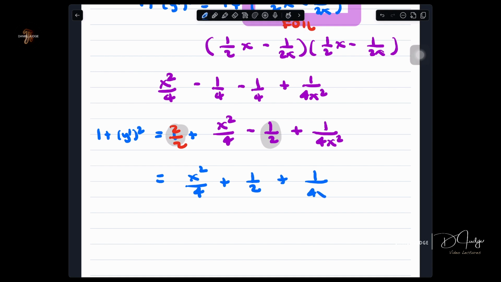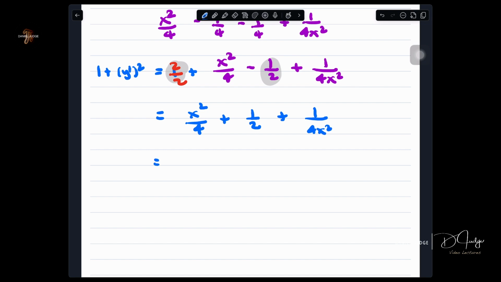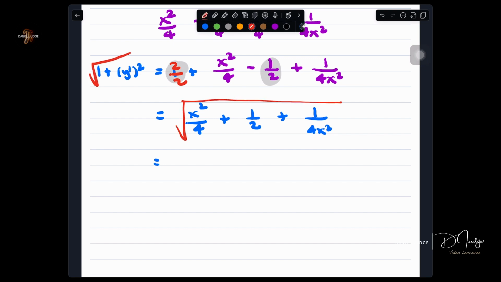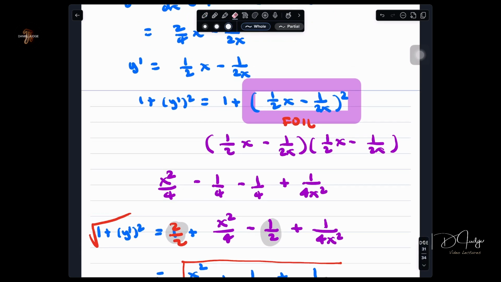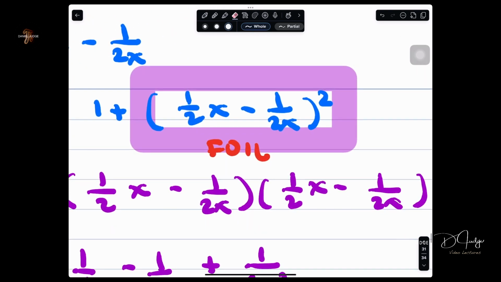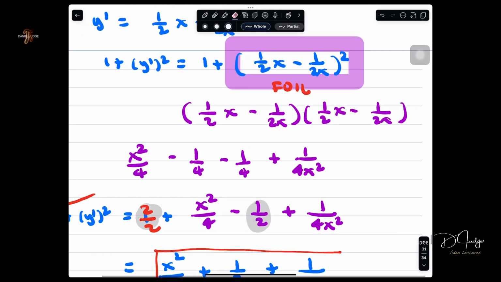All right. But here's my point. This, again, is all under a radical. However, what you see here is a perfect square trinomial. What does that mean again? This was the point I made earlier and in the past.